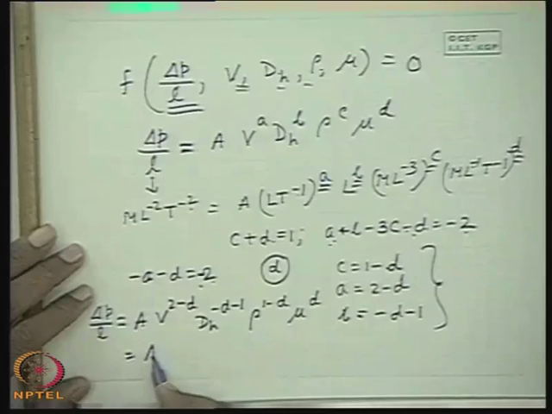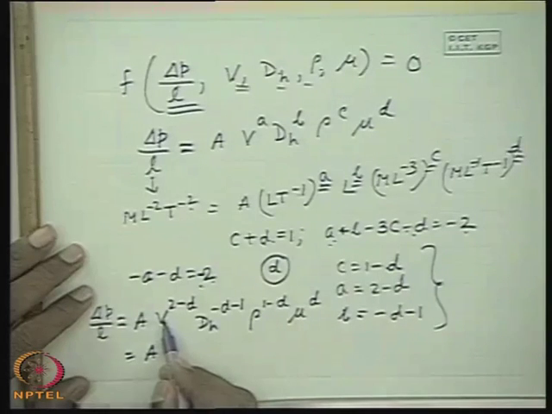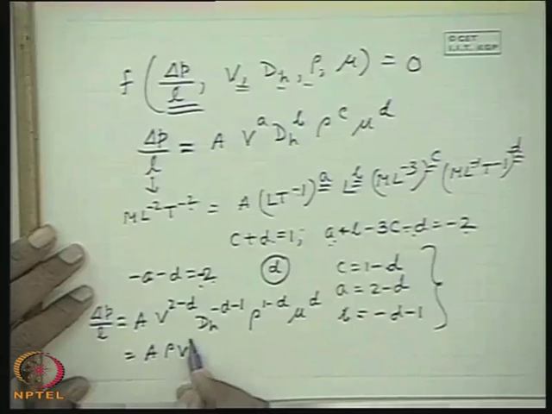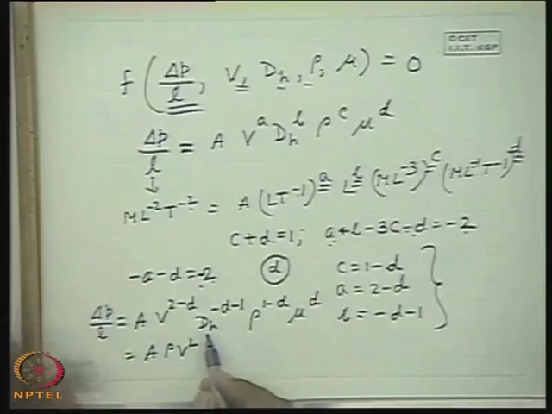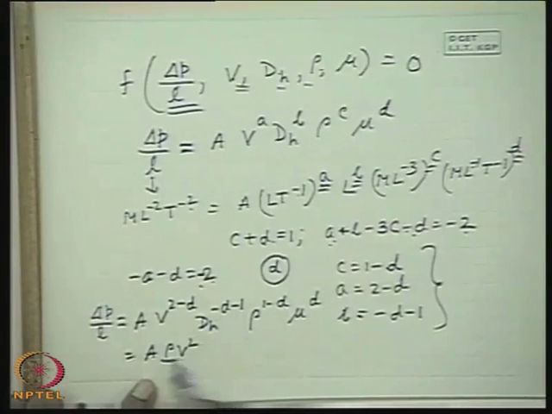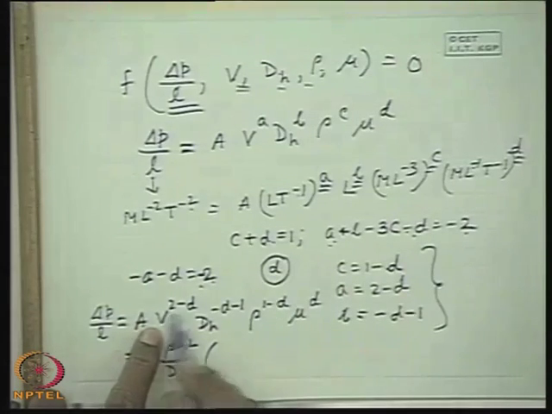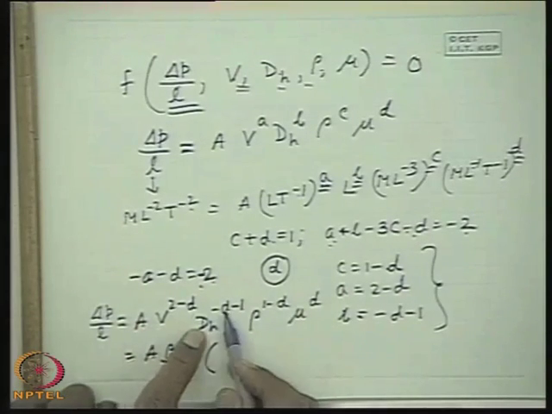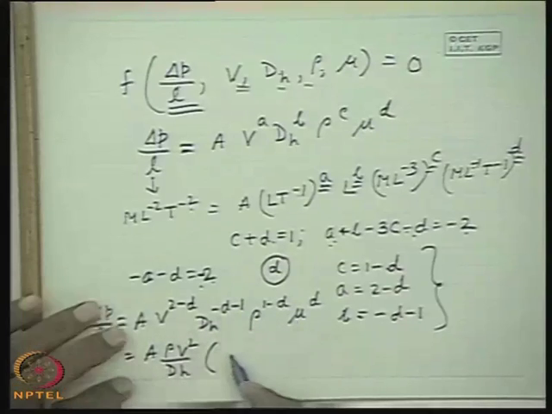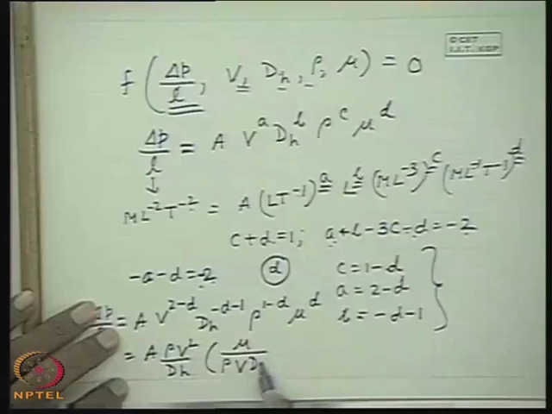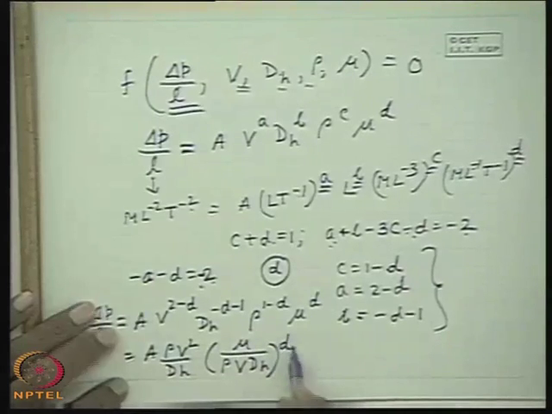Now this can be written like that. If we take rho V square, that is dH minus 1 by dH. Then we can club V to the power minus d, dH to the power minus d, rho to the power minus d mu, that means mu by rho V dH to the power d.